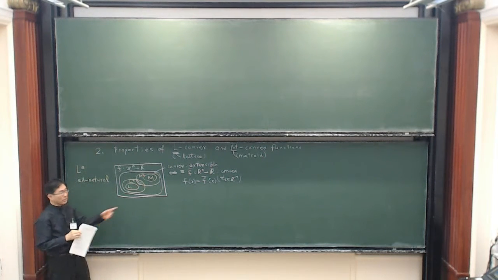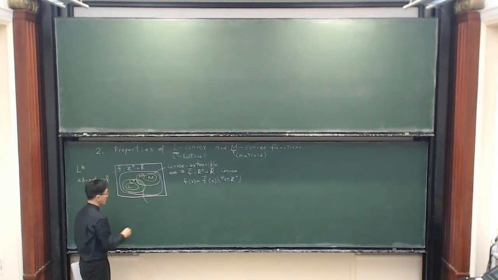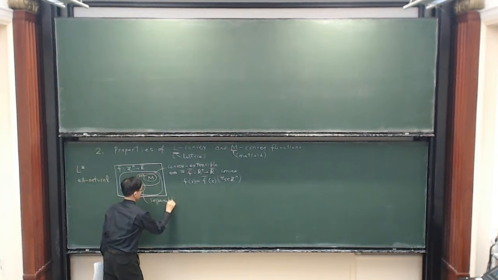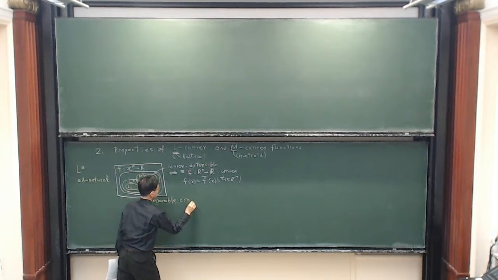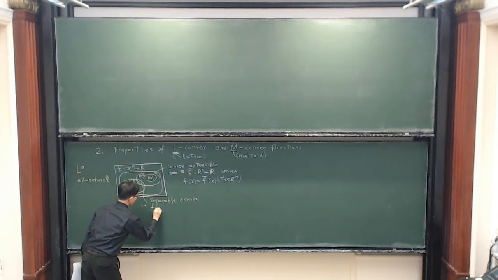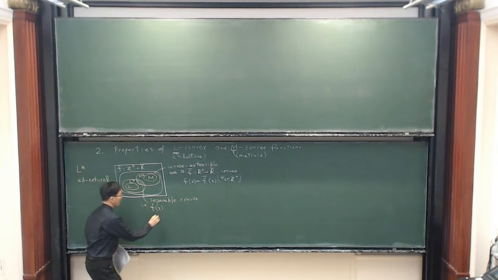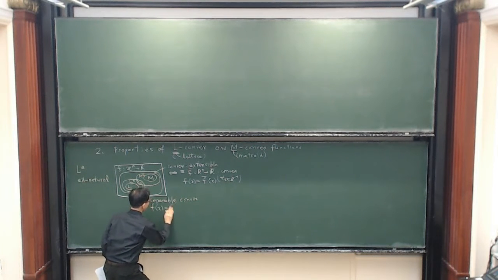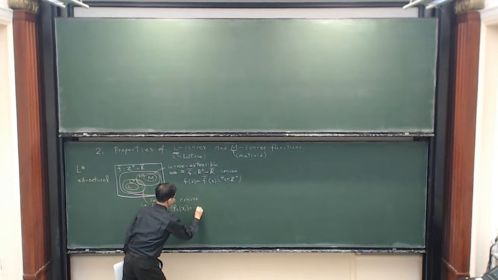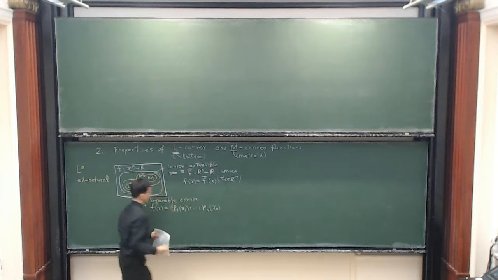The interaction here, it turned out, is a separable convex function. That means f(x) in n variables actually splits into the sum of univariate functions, convex functions.